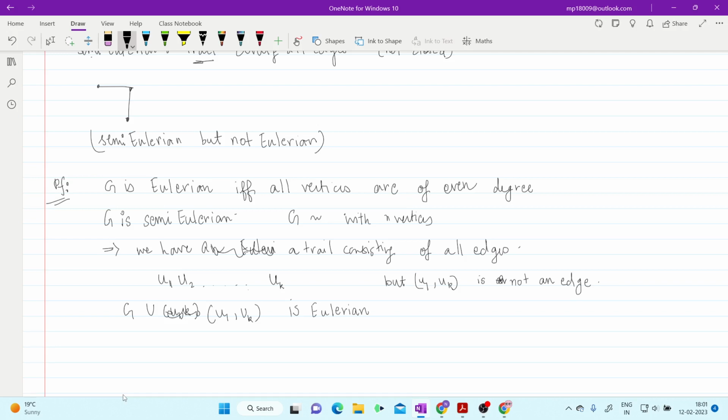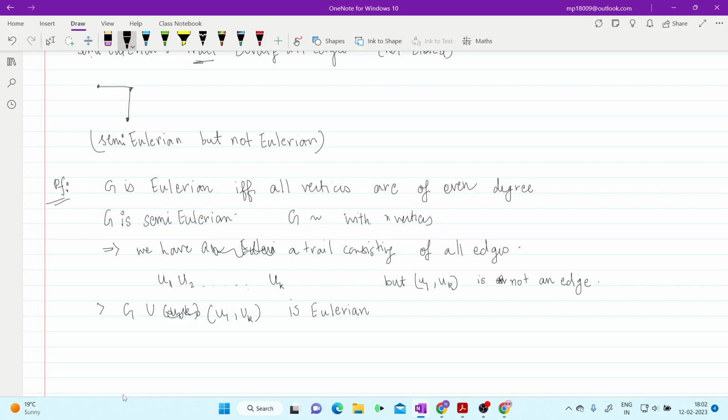Since U1 and UK are not connected by any edge, the degree will be odd at both vertices U1 and UK. So we can't say that G itself is Eulerian. But G union U1 UK is Eulerian, because it completes the cycle.